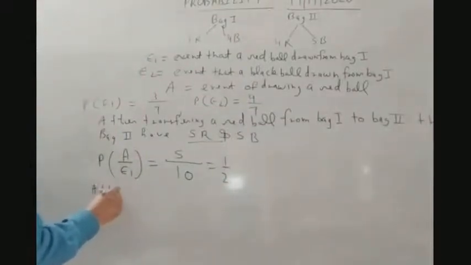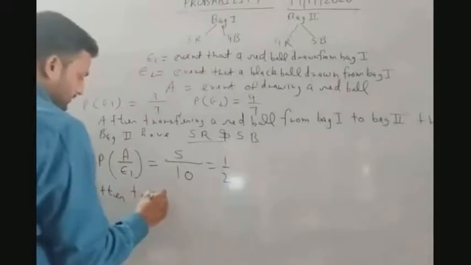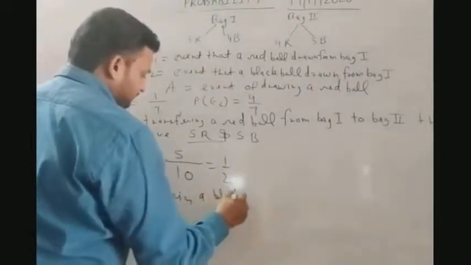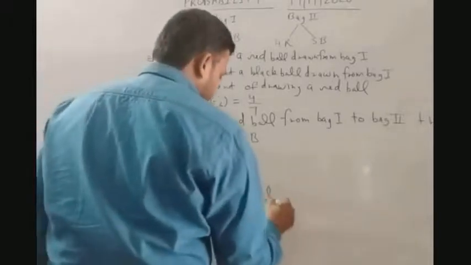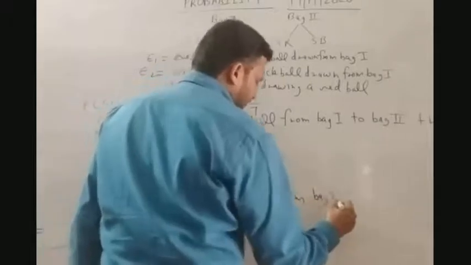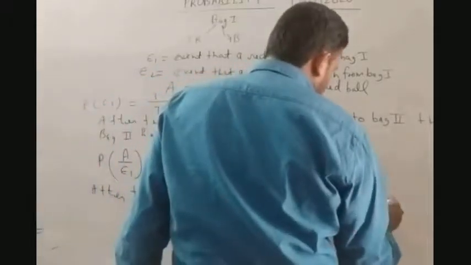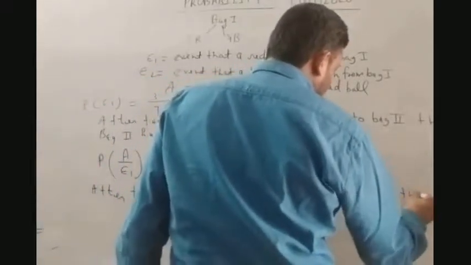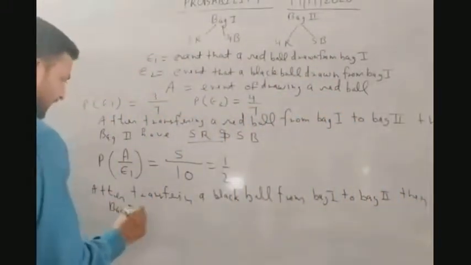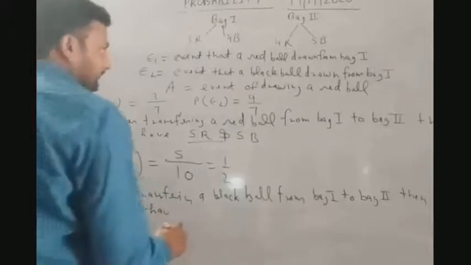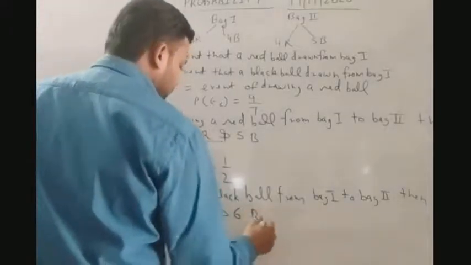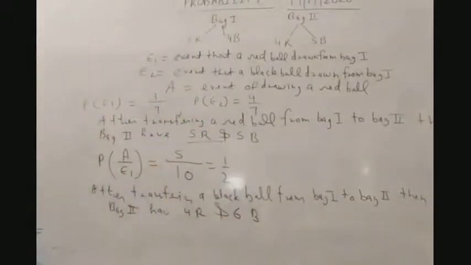Now, after transferring a black ball from bag first to bag second, bag second has 4 red and 6 black balls.